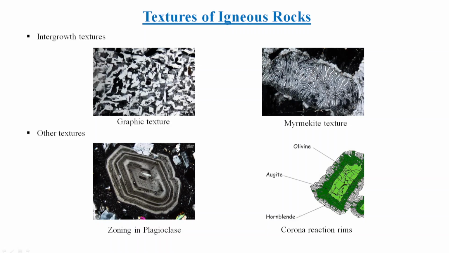So as a whole, they might form this kind of corona structure, where the central part of the grain is occupied by olivine, surrounded by augite, and then further surrounded by hornblende.